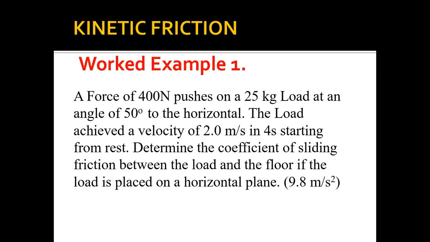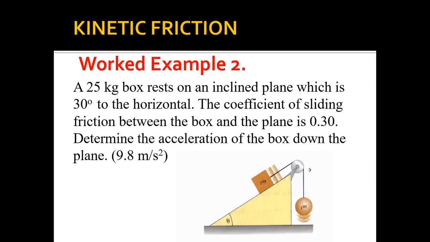We pushed it with a force of 400 Newton at an angle, and then it achieved a velocity of 2 meters per second in 4 seconds, starting from rest. Determine the coefficient of sliding friction between the load and the floor if the load is placed on the horizontal plane. Okay, so let's see.